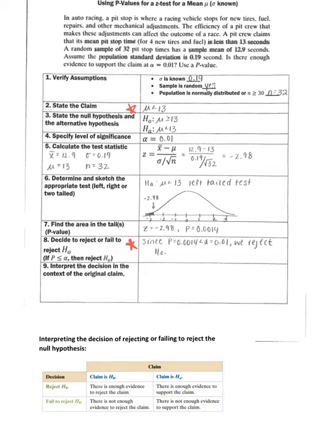So in this case, our claim is the alternative hypothesis, and we rejected the null hypothesis. So we're going to find that in the chart over here. Claim is HA, reject H0.